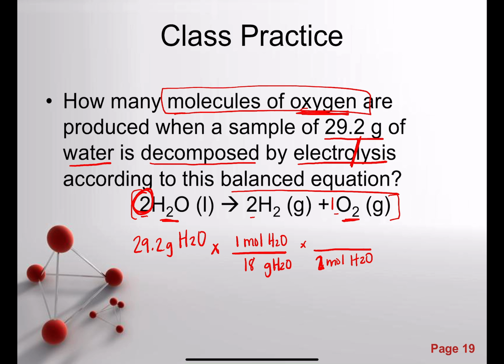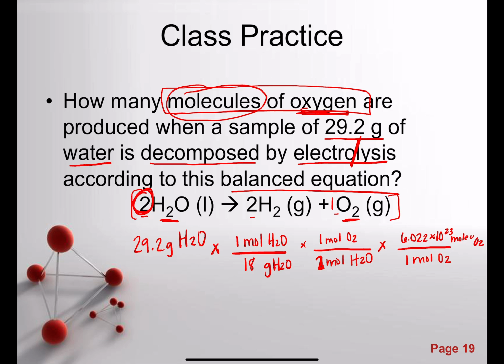So there's no number there, there's no coefficient, so that just means it's 1. So 1 mole of oxygen, okay? And we know, like I just mentioned a moment ago, that 1 mole of oxygen, we're trying to get to molecules, and 1 mole of oxygen has 6.022 times 10 to the 23rd molecules of oxygen, okay?